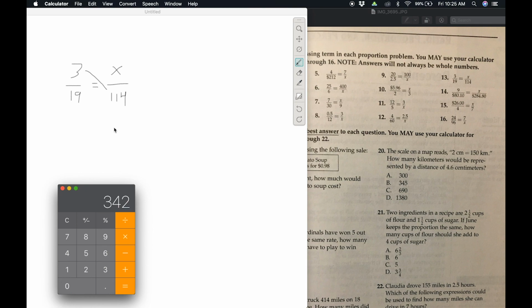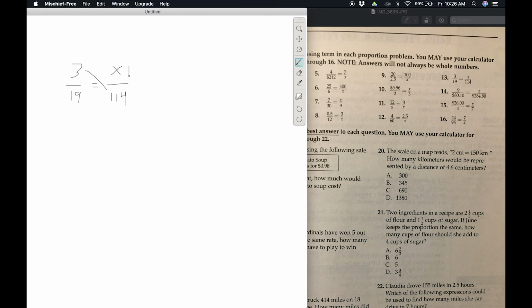Then we need to divide 342 by 19. So divided by 19 equals 18. So the answer to x is 18. Okay. If you were to have 18 here, these would be equal. 3 over 19 and 18 over 114.